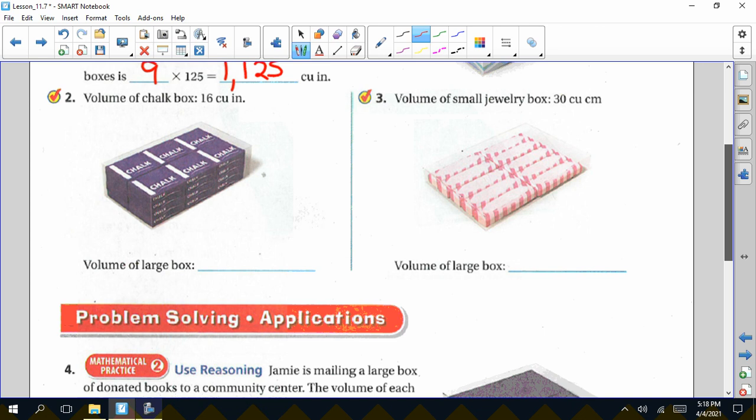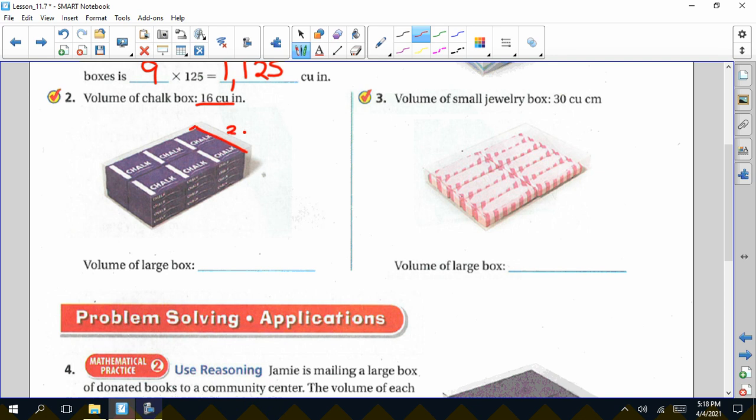Question number 2, now we're dealing with boxes of chalk. Each box of chalk is 16 cubic inches. And we need to figure out how many chalk boxes there are. We can use volume, length times width times height, to solve this. We know that there are 2 boxes across.